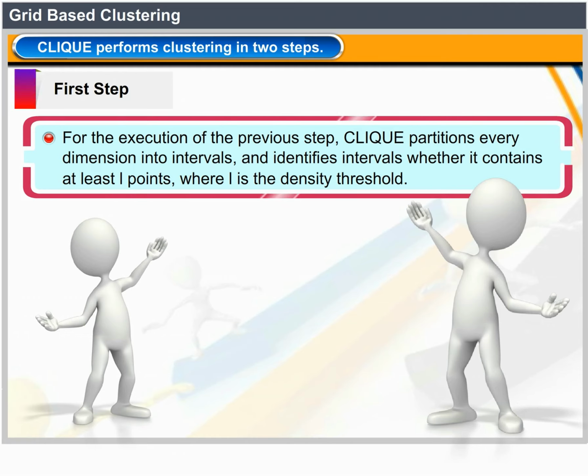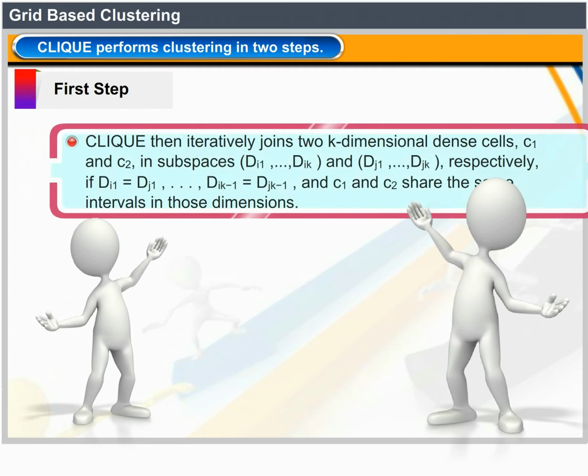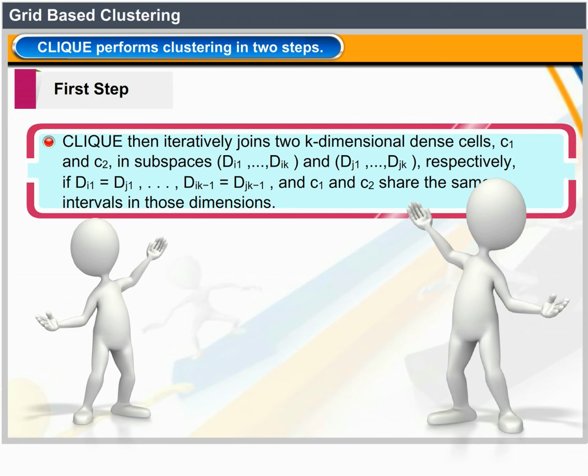CLIQUE then iteratively joins 2 k-dimensional dense cells, C1 and C2, in subspaces di1 up to dik and dj1 up to djk respectively, if di1 equals dj1, up to dik-1 equals djk-1, and C1 and C2 share the same intervals in those dimensions.